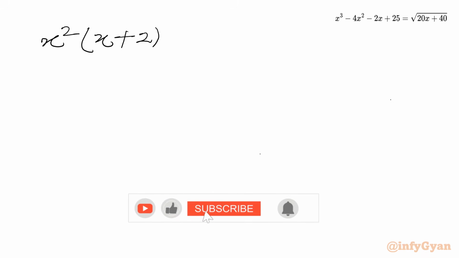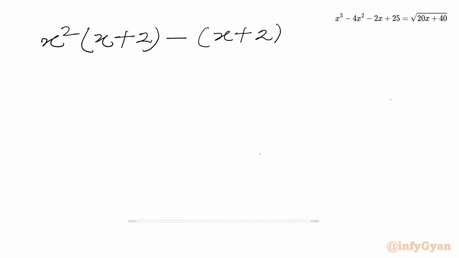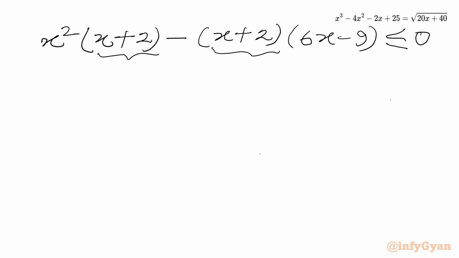We can write inequality x square times x plus 2 minus x plus 2 times 6x minus 9 should be less than or equal to 0. Now we have x plus 2 common out. So we'll write here x plus 2 is common.